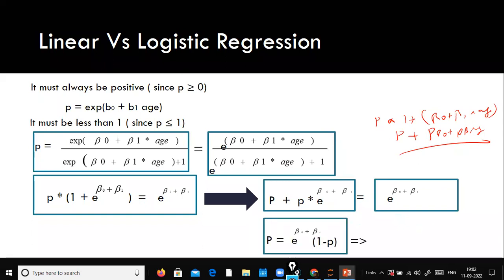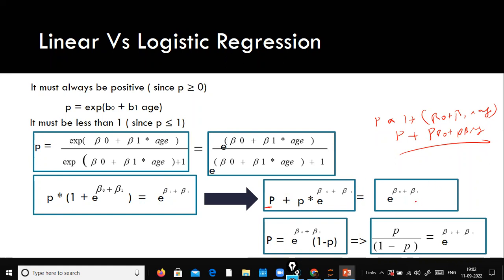Okay, fine. So next, I just keep the P only on the left side, because I want to find out the probability, right? So you need to move these things to the right side.